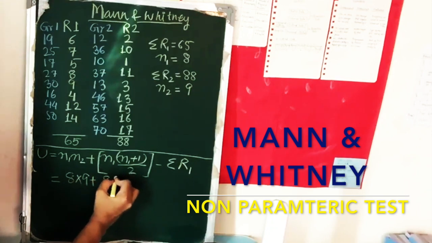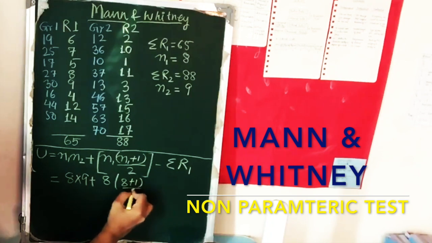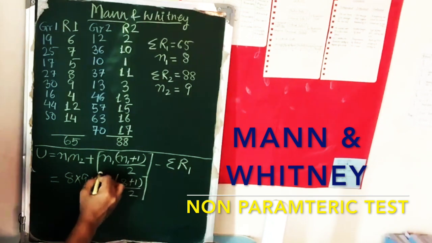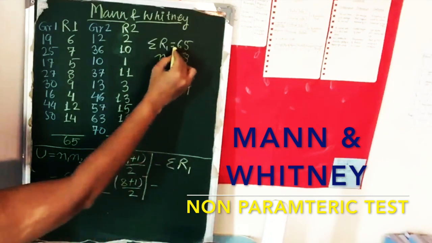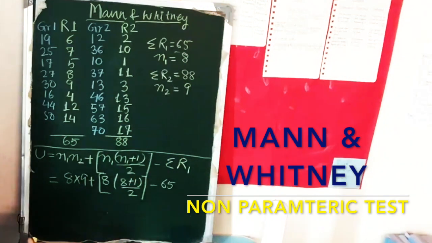Now putting up the value of n1 n2, 8 multiplied by 9, and now putting the value of n1. Now subtract what we got as a sum of ranking 1.